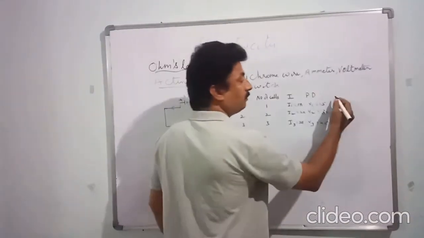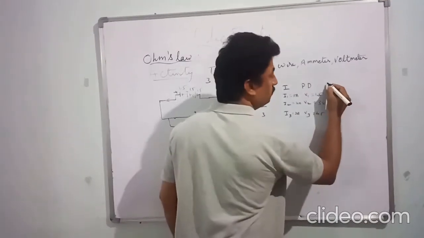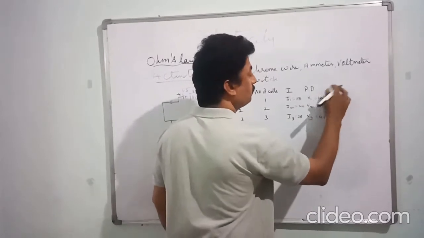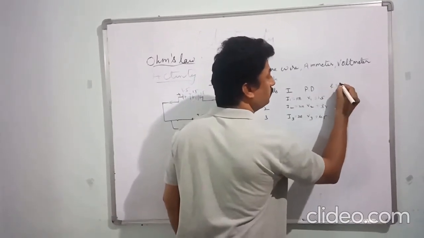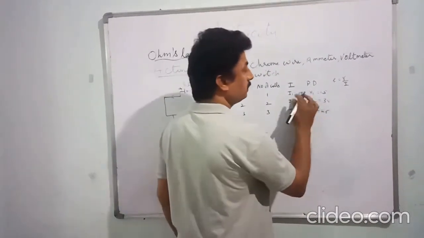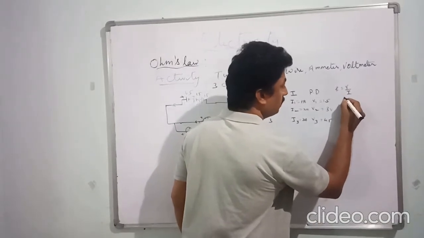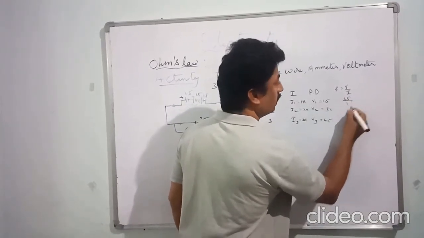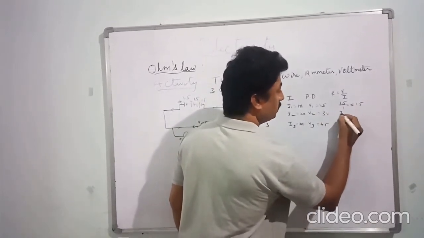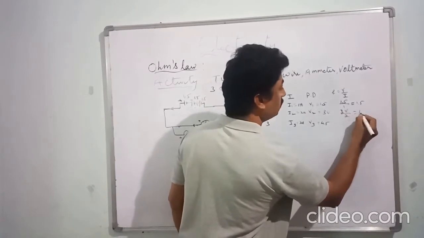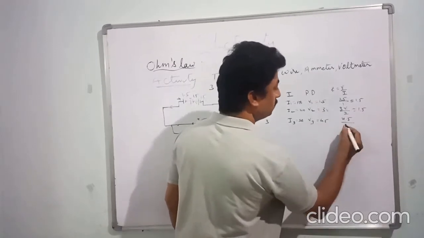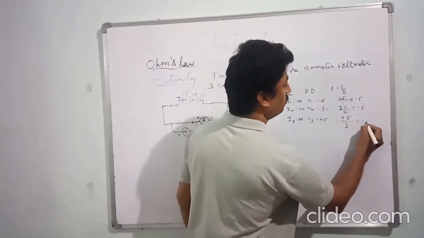Now we have to take R is equal to V by I. When we measure V by I, that is 1.5 by 1, which is nothing else but 1.5. In this case, 3 volts by 2 amperes is also 1.5. Then 4.5 volts by 3 is also 1.5.